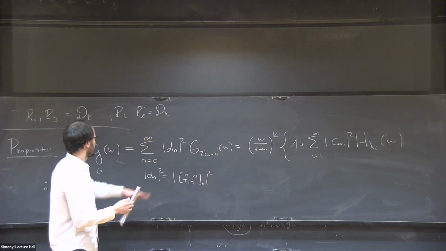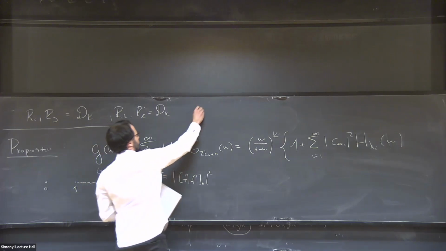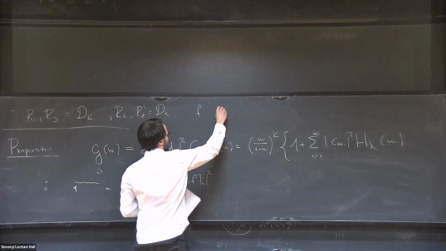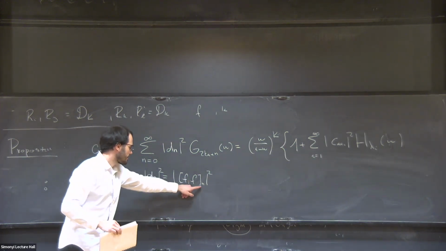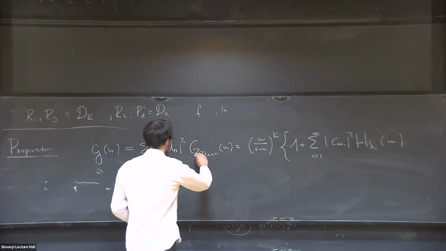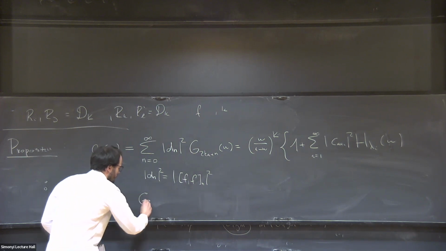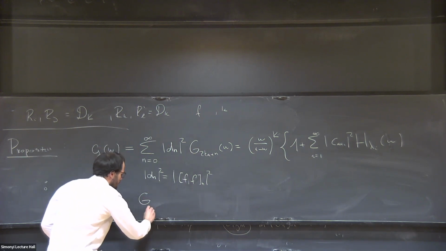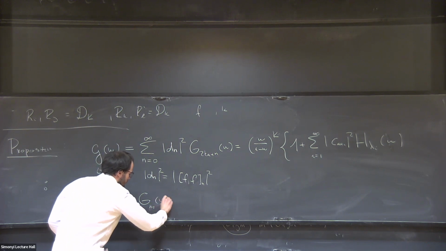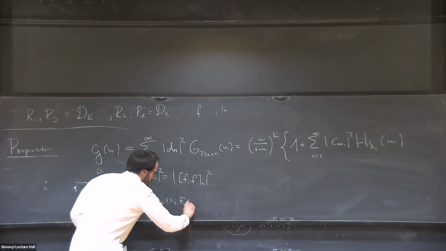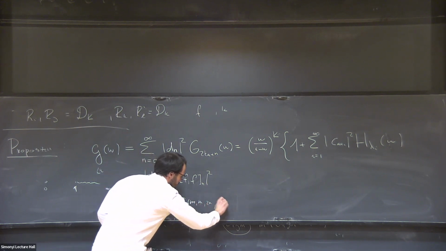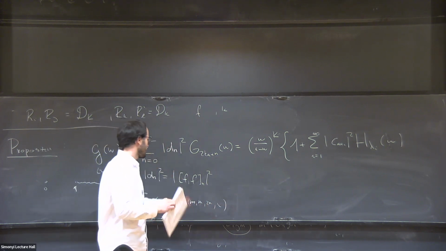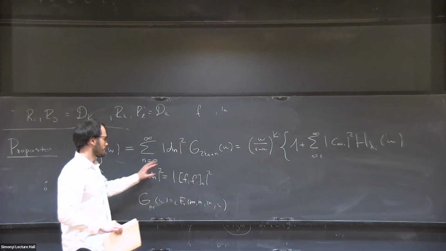We remember we fixed some modular form f with weight k, and this is the norm of the nth Rankin-Cohen bracket. G is some hypergeometric function of w. So this is just a sum over these holomorphic objects.